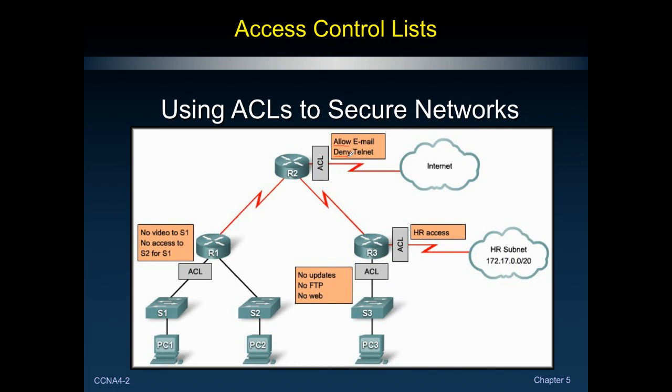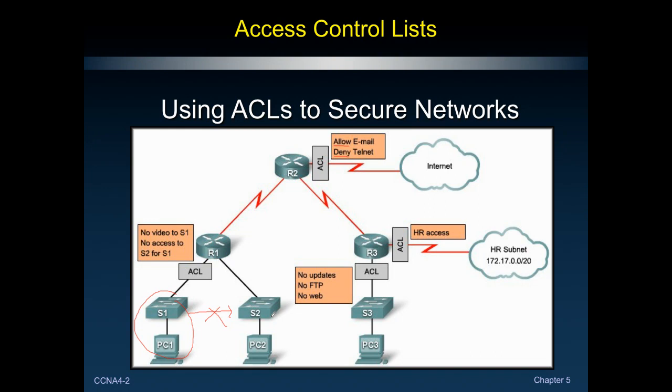Okay, for example, in ACL number 2, we can either allow or deny traffic. Or we can also specify an access to a network, like in this case, the network on S1 is not allowed to access the network in S2. So basically we can put a variety of statements, variety of filtering onto the ACLs.